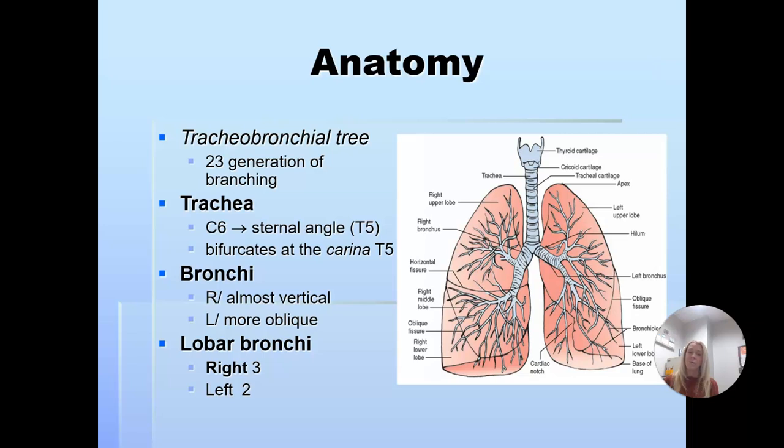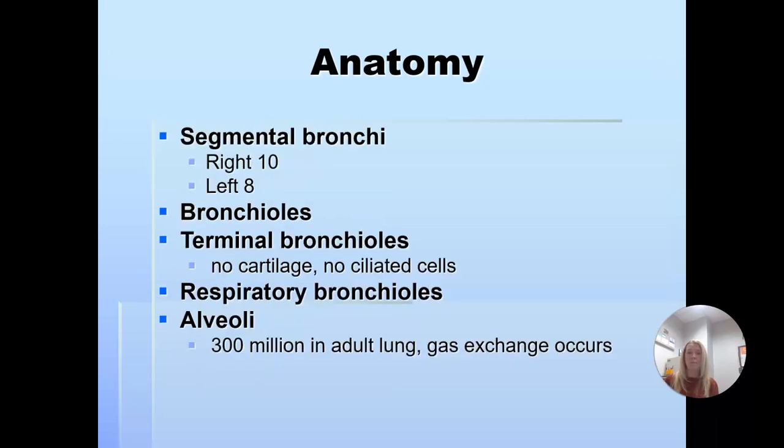The right is almost vertical, the left is a little bit more oblique, and then you have the branching to the different lobes of the lungs. So we have 3 branches on the right side and 2 on the left. Then we go into segmental bronchi, the bronchioles, the terminal bronchioles, your respiratory bronchioles, which then finally end in alveoli, which in the adult lung we have about 300 million, and this is where gas exchange occurs.